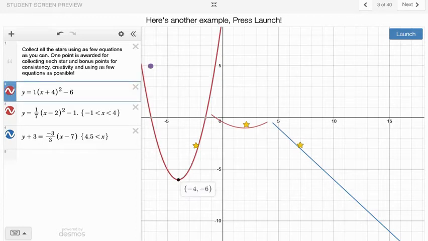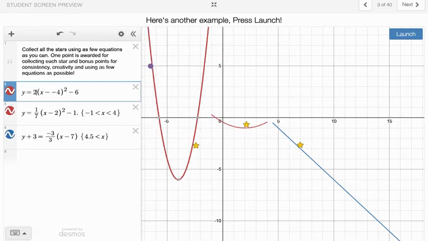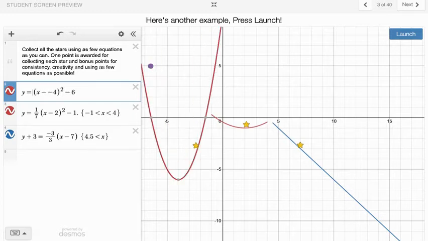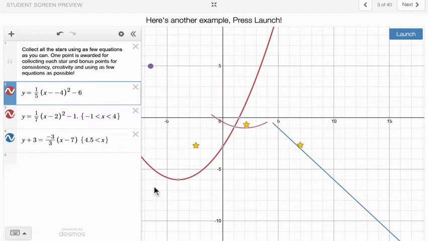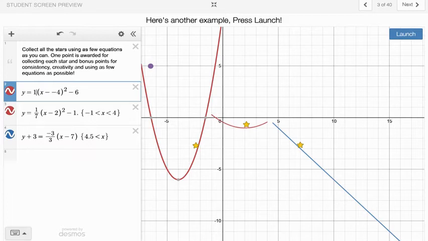But right here is -4, -6. And so in this equation, I can really think of this as minus -4 and -6. And that's basically the vertex showing up inside my equation. This 1 in front, if I make it a 2, remember, is just going to make it narrower and narrower. Or if I need it to get wider, I can do a fraction, and that's going to make the thing wider. But 1 was perfect for this one.